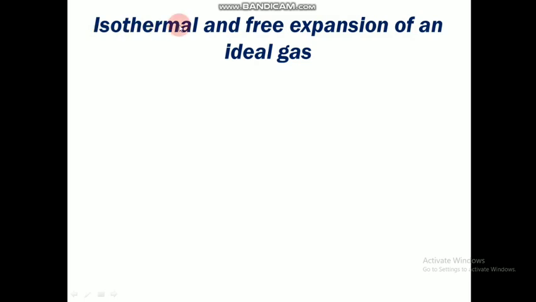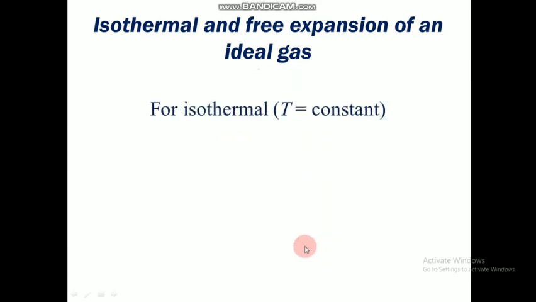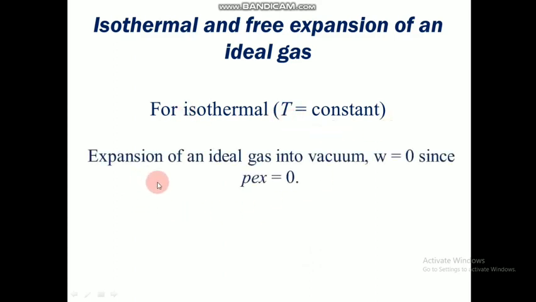So we are doing an isothermal free expansion, which tells us that there is no external pressure, or P external is equal to 0, and since it is isothermal, delta T is equal to 0. In this case, experimentally delta Q is also kept constant at 0. So for isothermal, T is constant, expansion of ideal gas into vacuum.